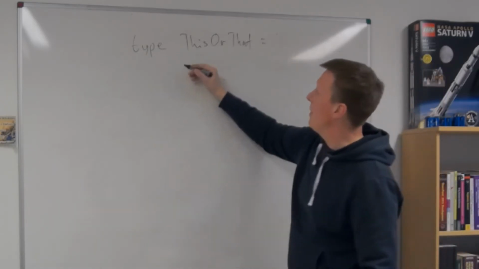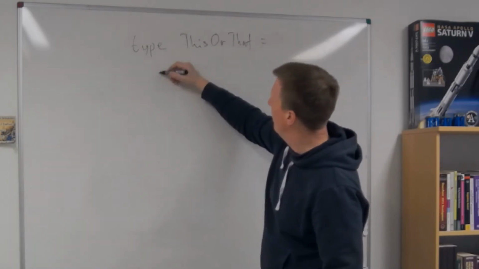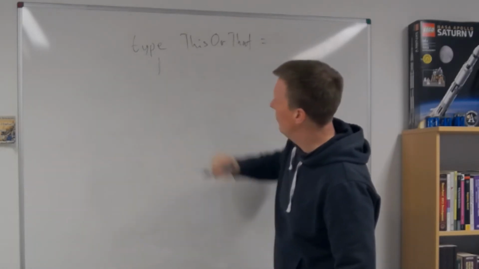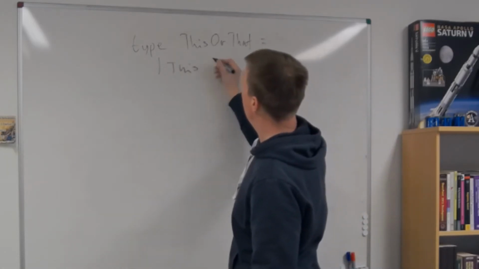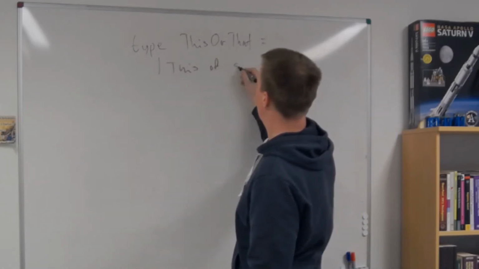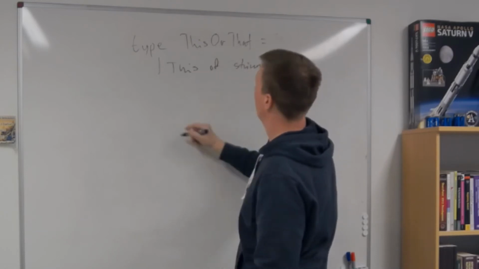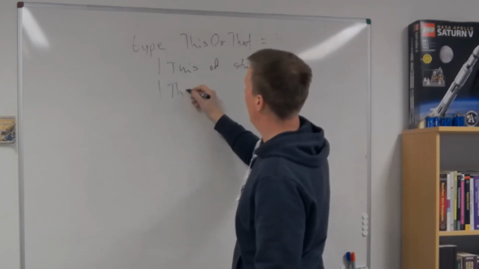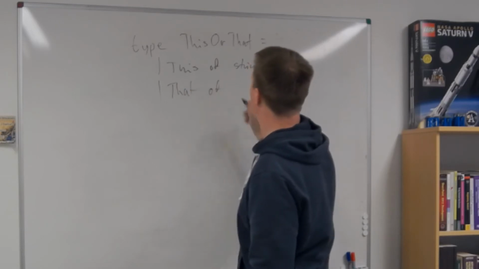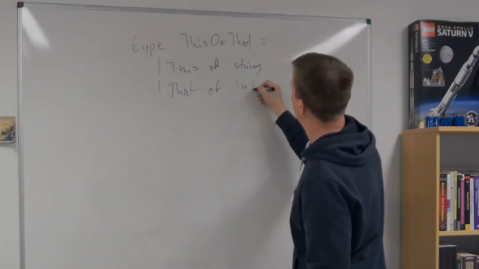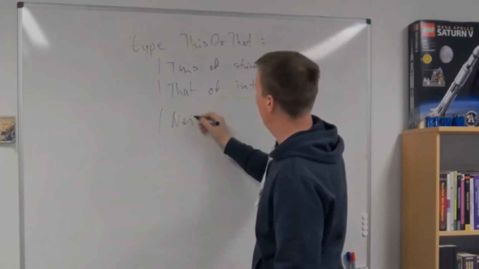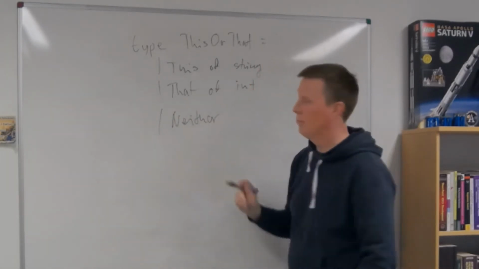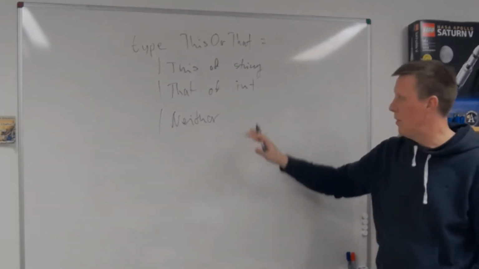But in this case, we just make something simple, and then we start naming the cases of this thing. So say the first case is this of, say, string, and then we can have another case, that of int, or we can even have something we say neither of nothing. So we don't say anything.